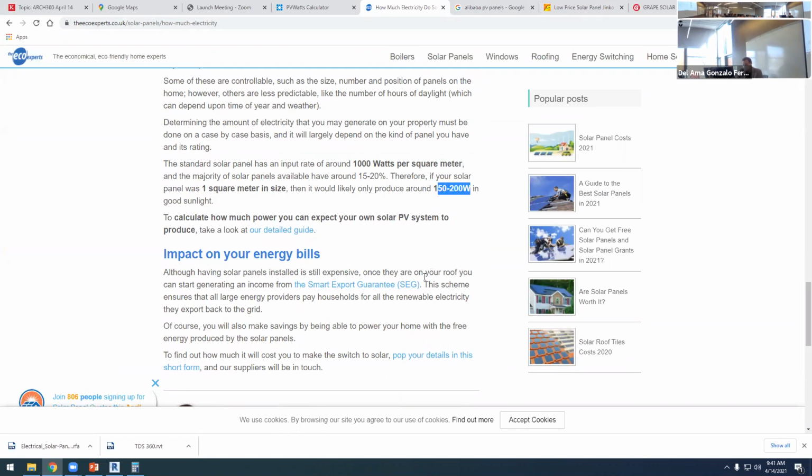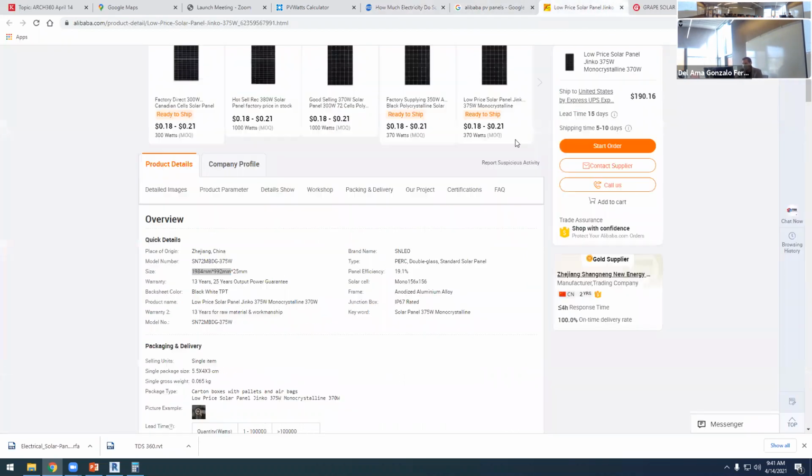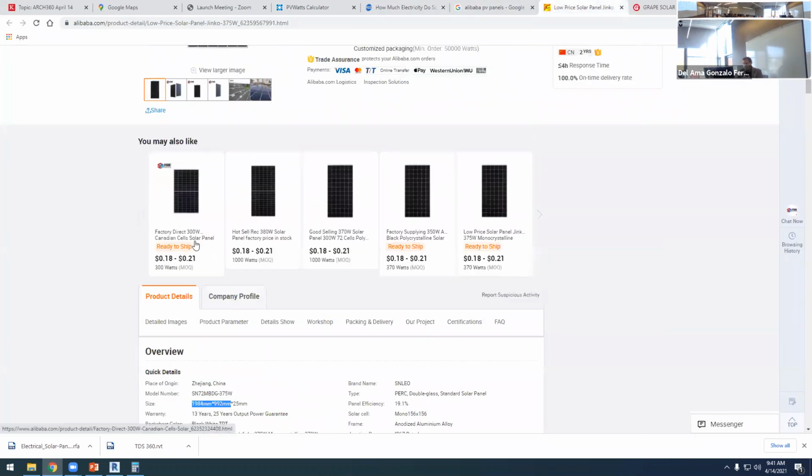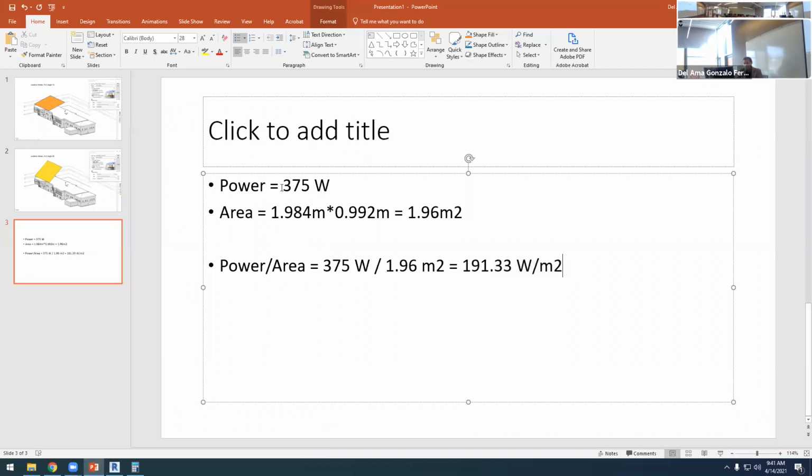But looking at the panel itself and looking at the specifications of the panel, we can calculate it more accurately. So this is the panel specification. This is tested, so we have to rely on this catalog. This is the area of the panel, and then we divide the total production by the total area, and then we have the watts per square meter, the power per area.